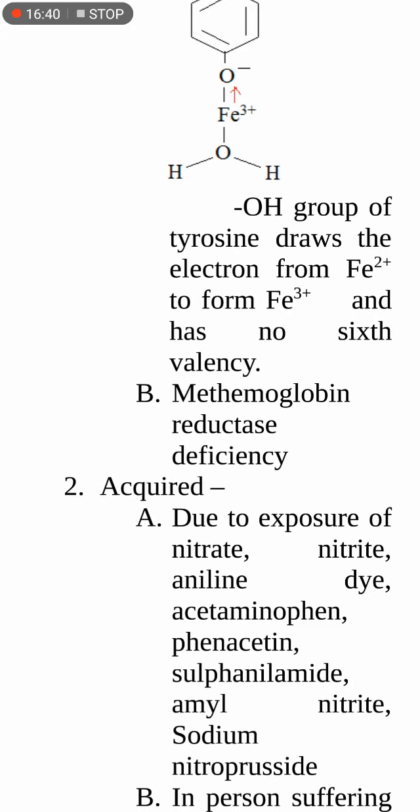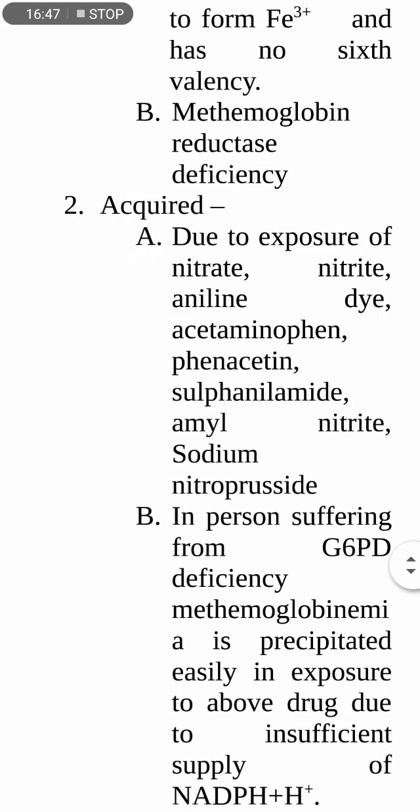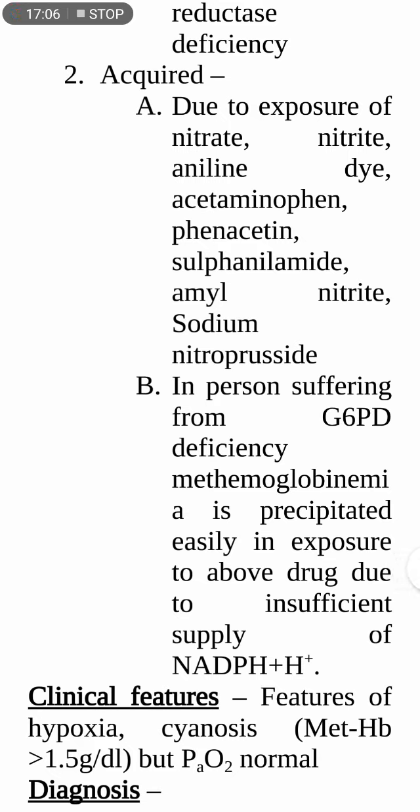It may be acquired by some drugs, for example, sodium nitroprusside, nitrites, nitrates, aniline dye, and so on. And some patients suffering from G6PD deficiency may be precipitated with methemoglobinemia by the above drugs due to insufficient supply of NADPH plus H plus.